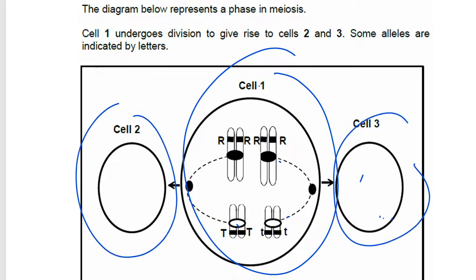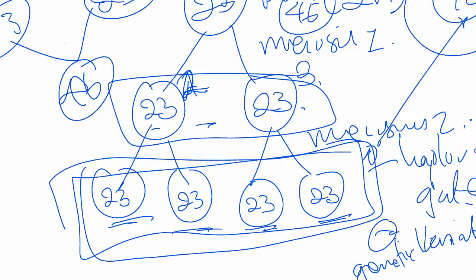So they're asking you how many. This is cell 1, this is cell 2, this is cell 3. How many will there be present at the end of this? We said there are 2. So they produce 2 and 3. Now they're asking how many cells will cell 3 produce at the end of telophase 2?